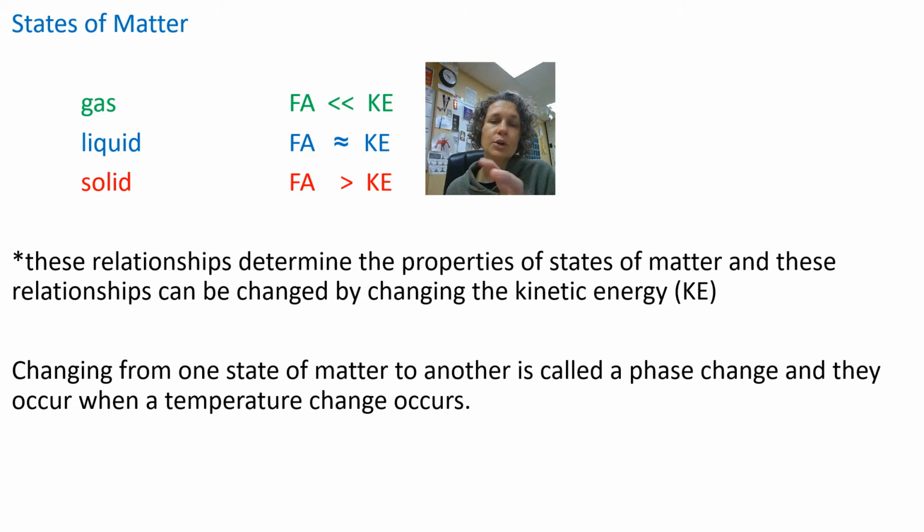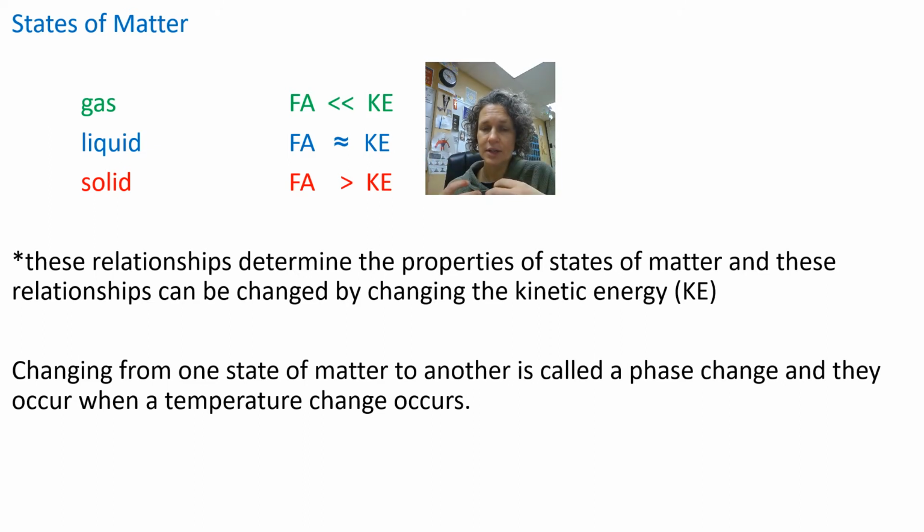And in order to change from one state of matter to another, we can change the kinetic energy by adding heat or by removing heat. And so that's why when you boil water, you're giving it more kinetic energy through that heat. It eventually will start to boil and become a gas. Same thing if I take water and stick it into the freezer, I am removing kinetic energy.